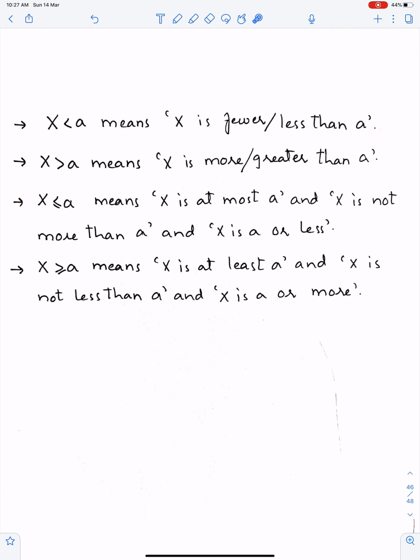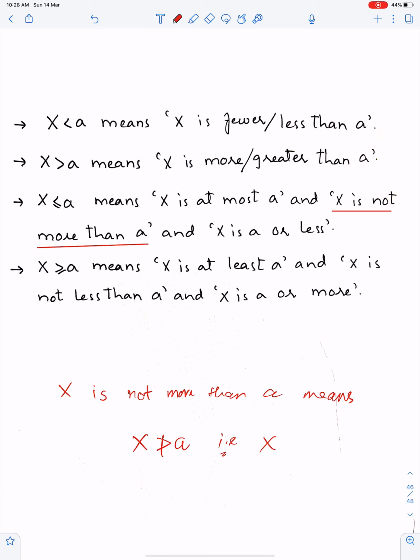Now this statement is very important: X is not more than A. Whenever they use it in exams, students normally get confused. What is meant by this statement? X is not more than A means X is less than or equal to A.